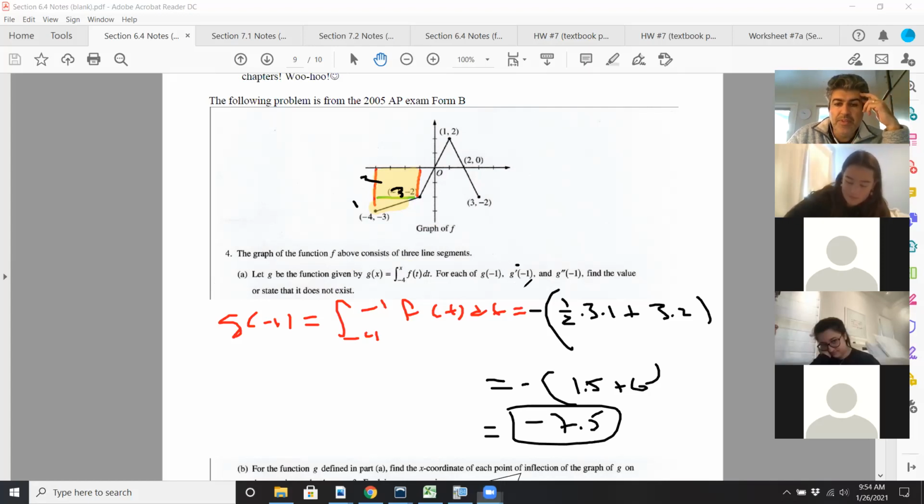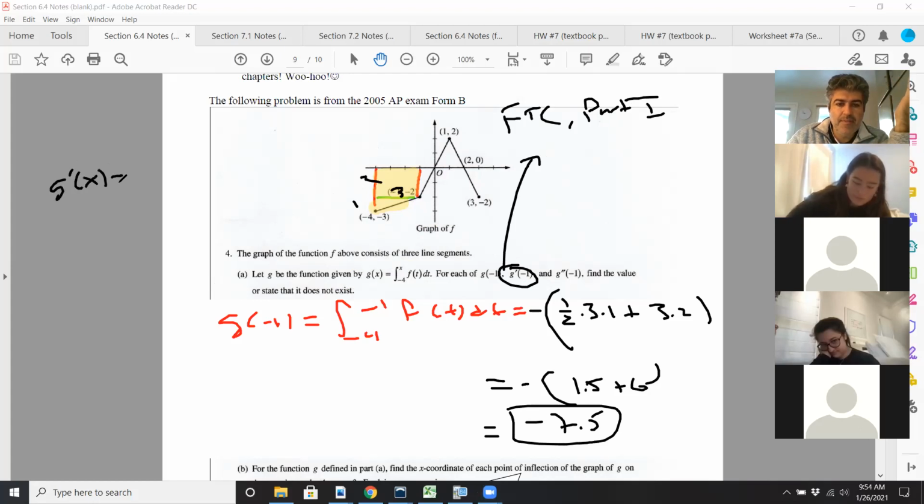Now let's look at what this is asking you to do here. This is FTC part 1. That is FTC part 1 at its core. You want G prime -1. Well, if you think about it, G prime of x is the derivative of this integral here.